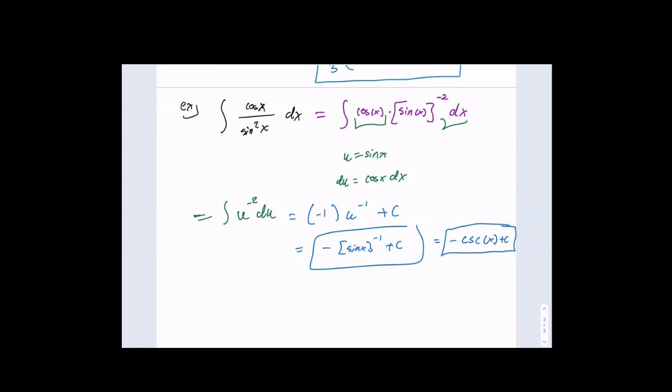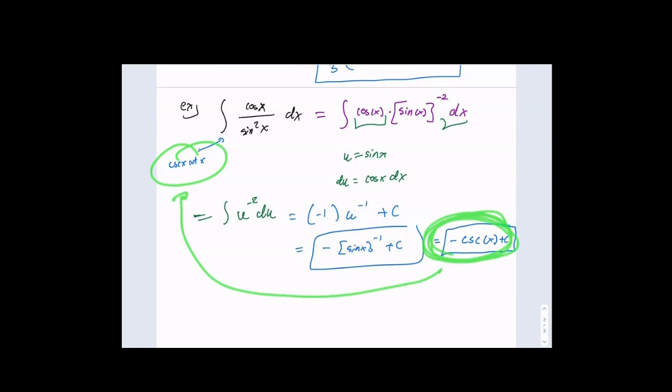If you took the derivative of negative cosecant, you would have gotten positive cosecant cotangent. This is the same thing as cosecant of x cotangent of x. And so it makes sense that when I got here, this was my answer.